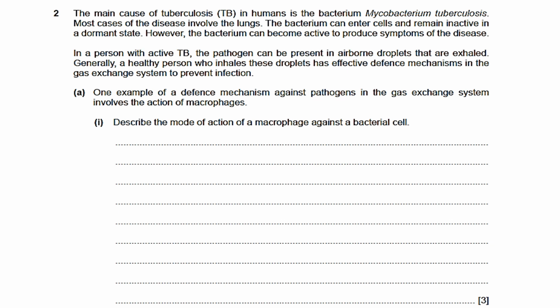I think that's pretty obvious, especially if you realize how COVID is also transmitted. Generally, a healthy person who inhales these droplets has effective defense mechanisms in the gas exchange system to prevent infection. One example of a defense mechanism against pathogens in the gas exchange system involves the actions of macrophages. Describe the mode of action of macrophages against the bacterial cell.